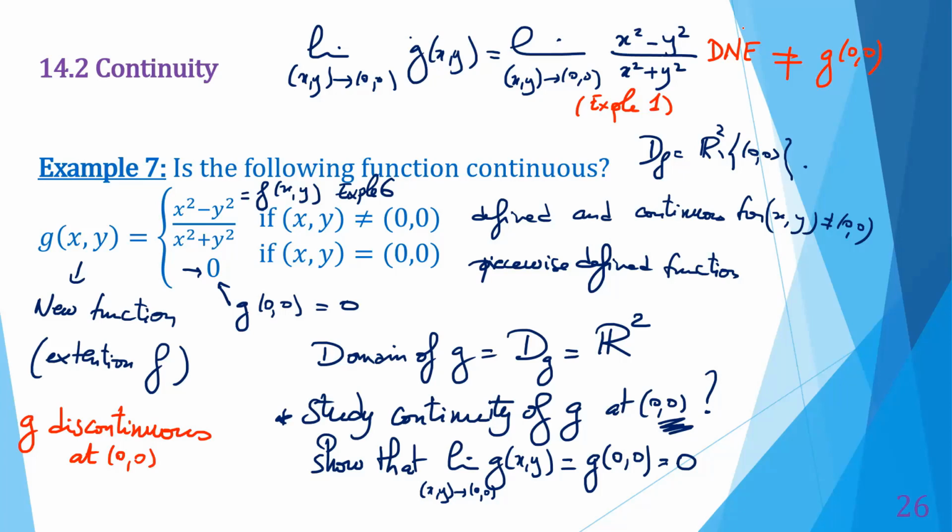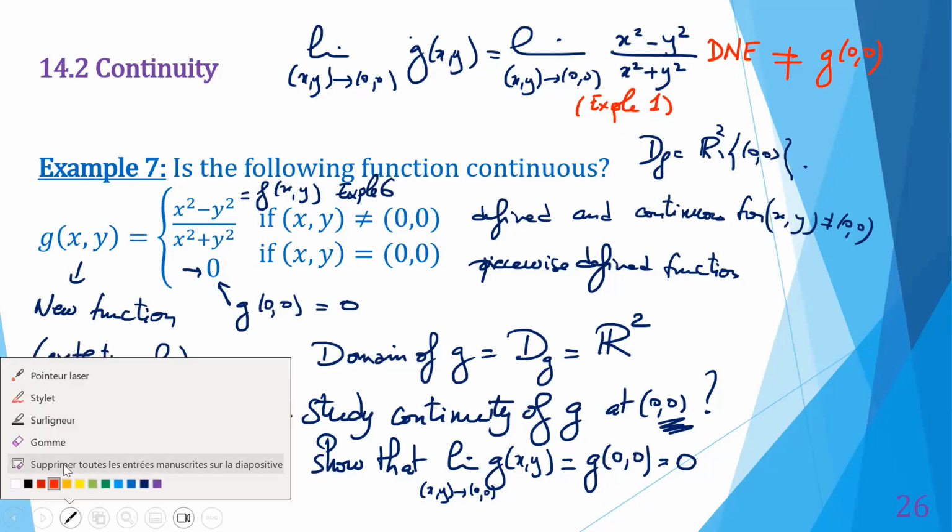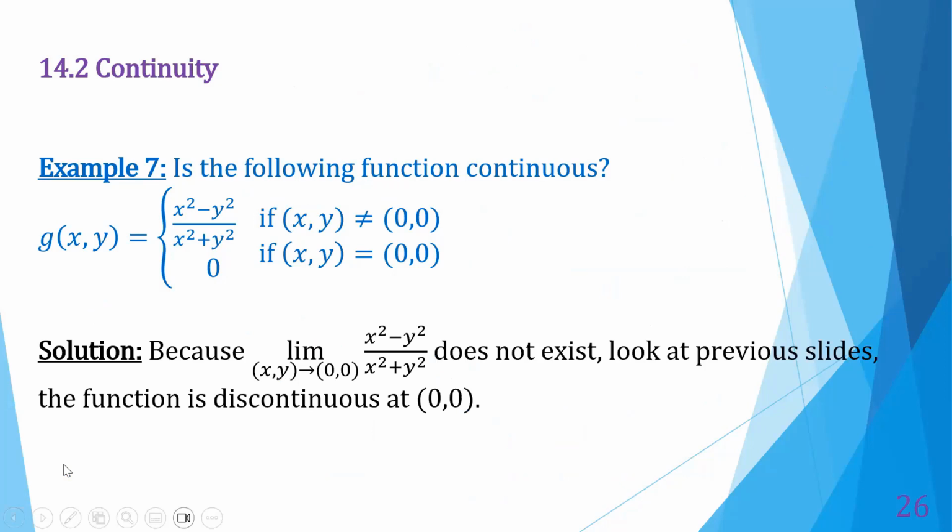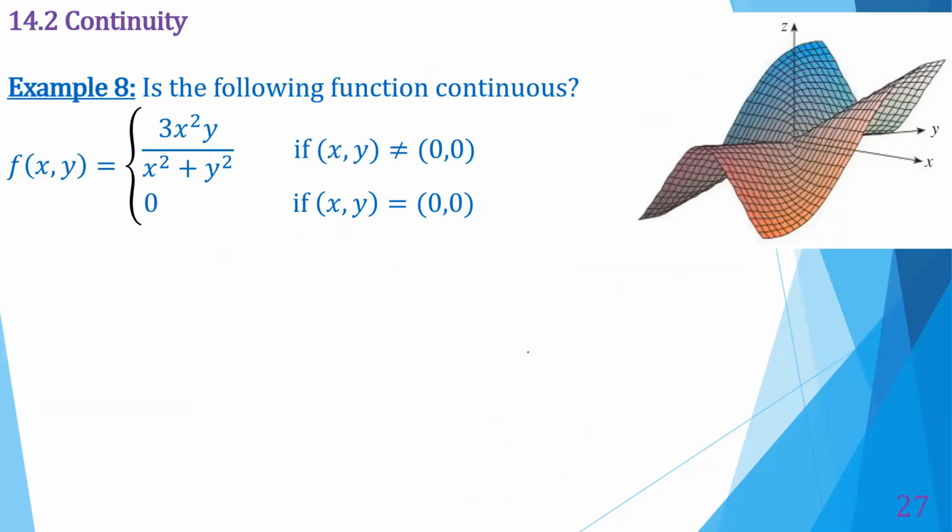You know, this limit does not exist. So we cannot extend the function f by continuity. In this case, we fail to extend this function by continuity since this limit does not exist. So no hope to get an extension which is continuous at this point.